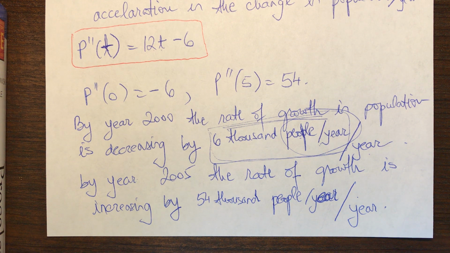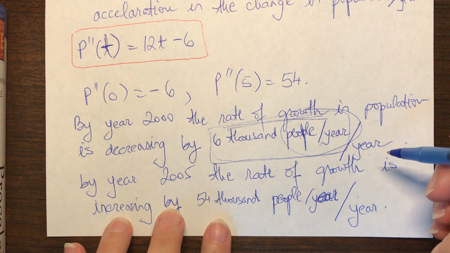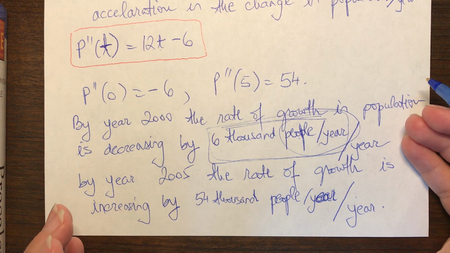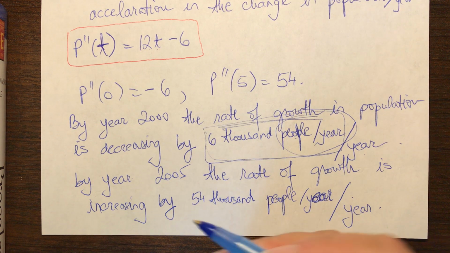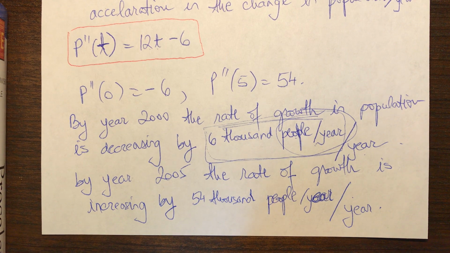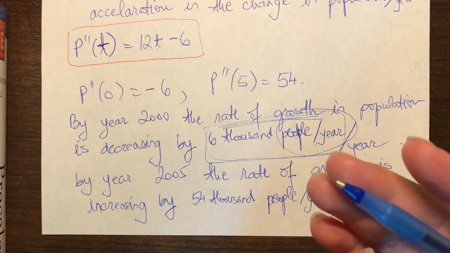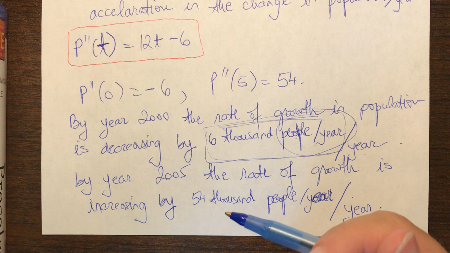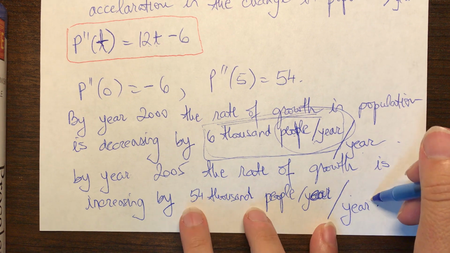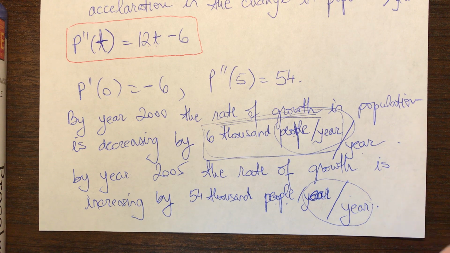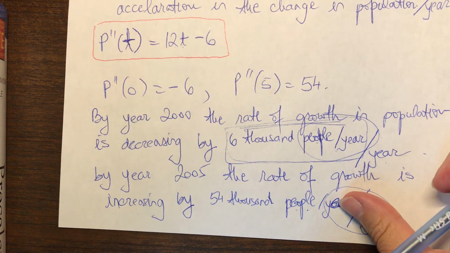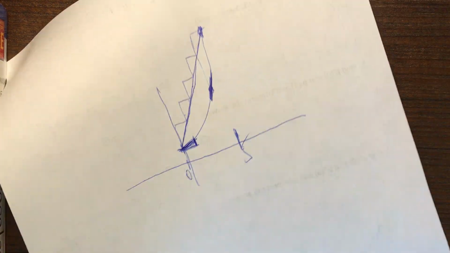Let me just grab another blank piece of paper. Well, I'll do it on the back. So again, by the way, gravity is an acceleration. Gravity is an acceleration, so the units for gravity on Earth are feet per second squared, again because it's an acceleration, just like people per year squared. That's an acceleration, so the units are being squared.